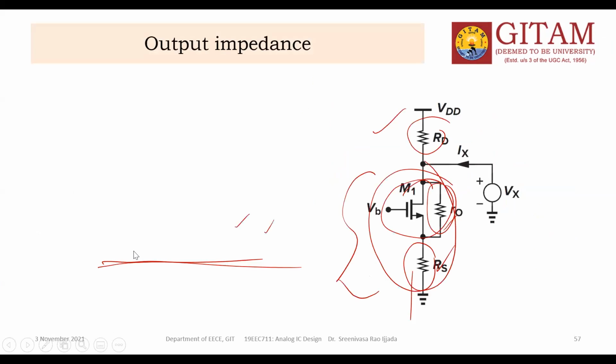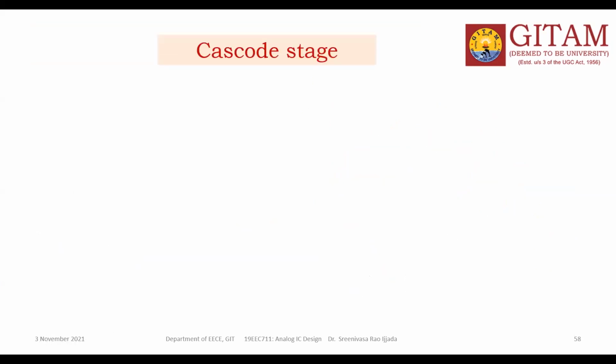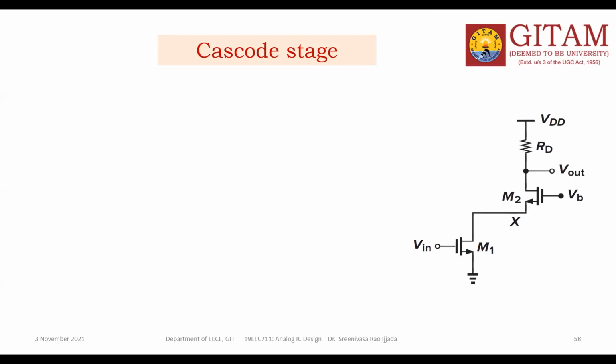Anyhow, now the CS stage, source follower, CD stage and CG stage, all are completed. The next one is the cascode stage. What do you mean by cascode? Cascoding of CS and CG is called the cascode.